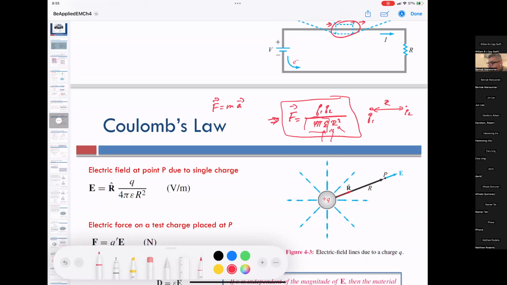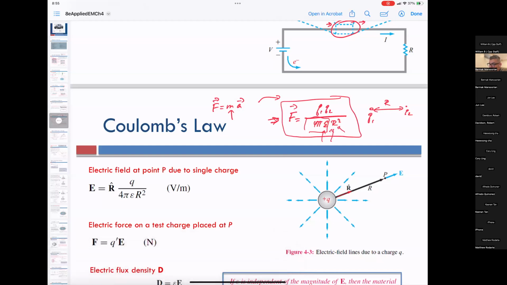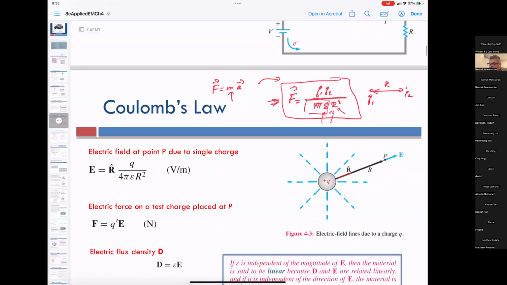You also need the mass of the charged particle. If it's just one electron, it will have a certain mass. If it's some kind of material, it will have some mass. You measure its acceleration, and from there you can get the values of the charges, etc. So that's Coulomb's law.